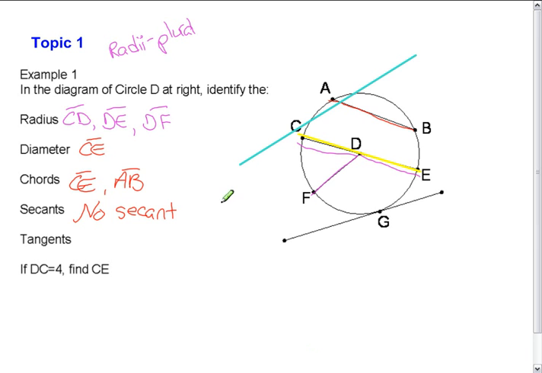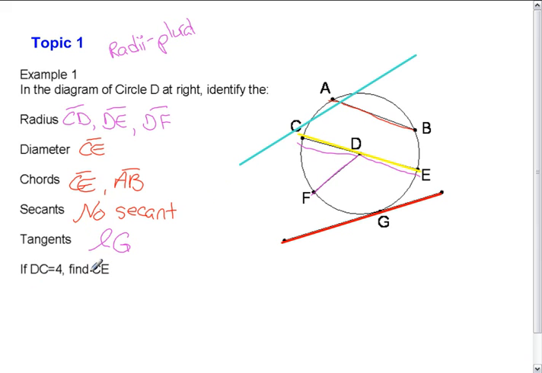And a tangent, the definition of a tangent is that it intersects only once. We do have one of those right here, and it doesn't give us 2 points to name that line, so we are just going to have to identify that as line G. And in math, a common way of identifying lines is with a cursive L. I know you don't see cursive too much anymore, at least I don't, but if you see a cursive L, that signifies line G.